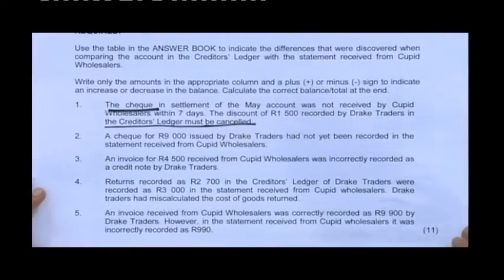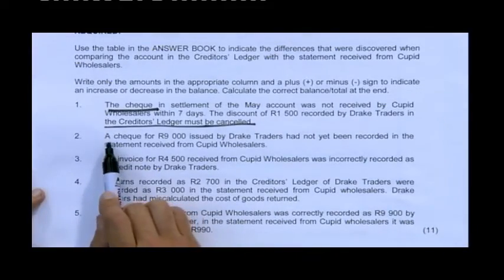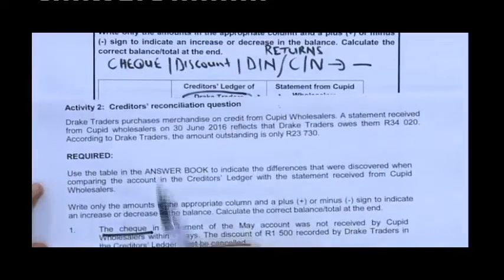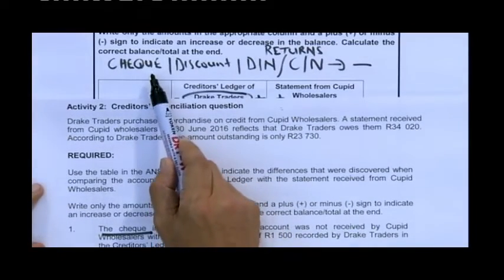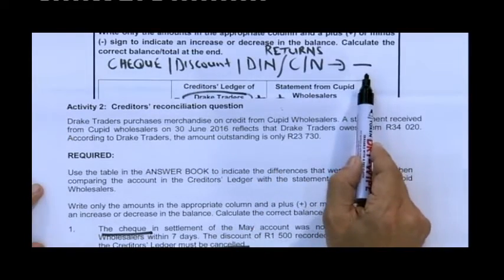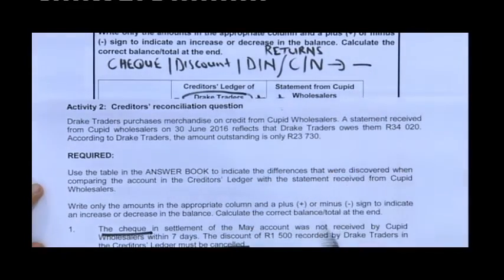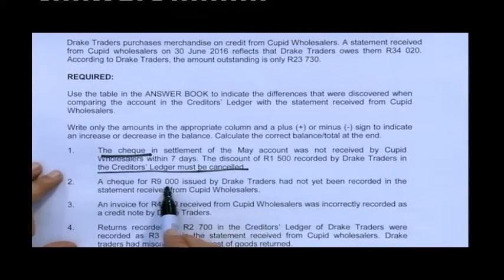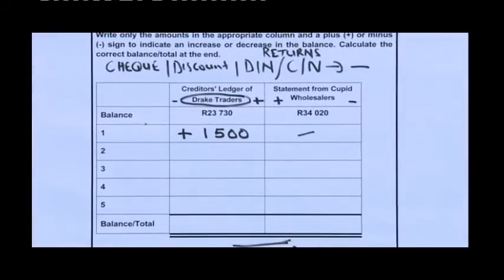Then we look at the second transaction. It says a check for 9,000. So immediately I'm just going to have a look on top. It says a check, a discount, a debit or credit note is associated with a minus. A check for 9,000 issued by Drake had not been recorded on the statement. So there's the answer sheet.